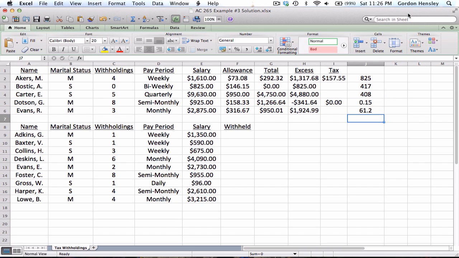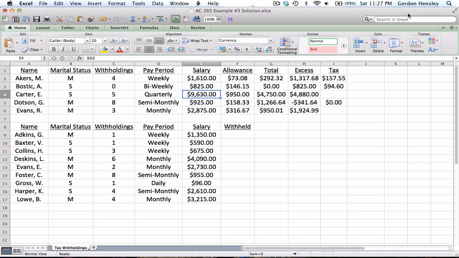And then I've got to tack on the additional 33.4. I add these two amounts together and I get 94.6. So this person's taxes will be $94.60 withheld for federal taxes. Again, I'm going to delete that to save myself some room.